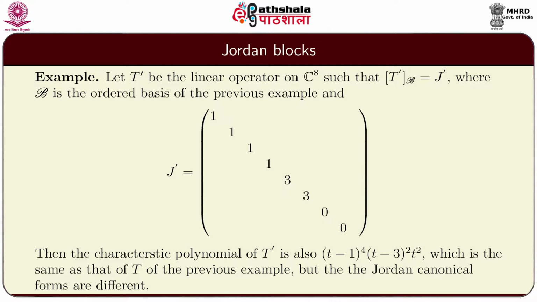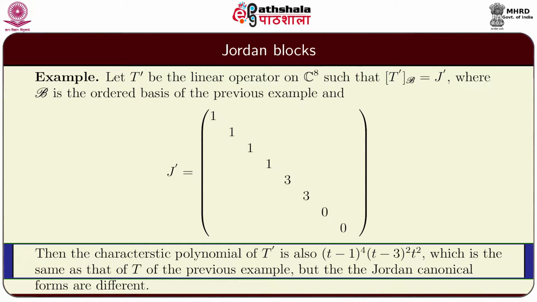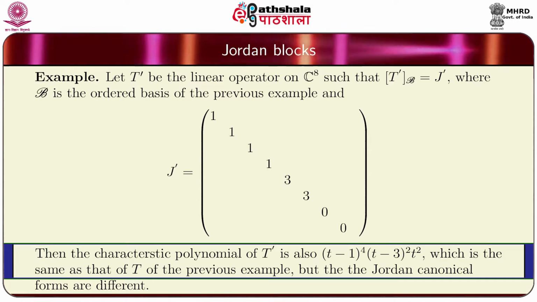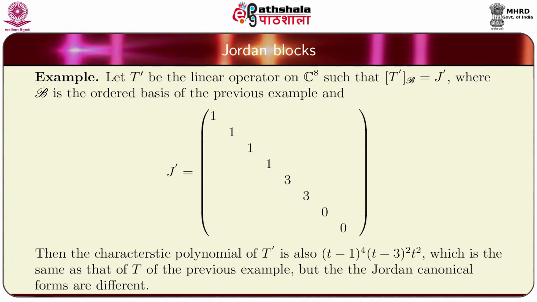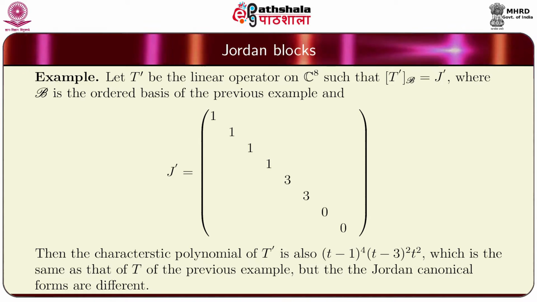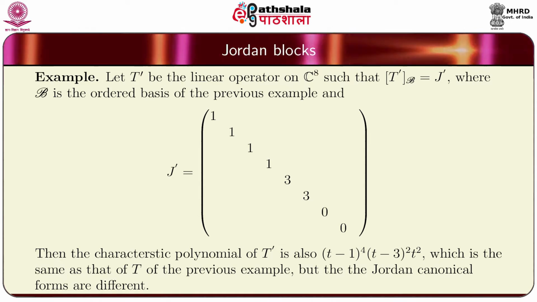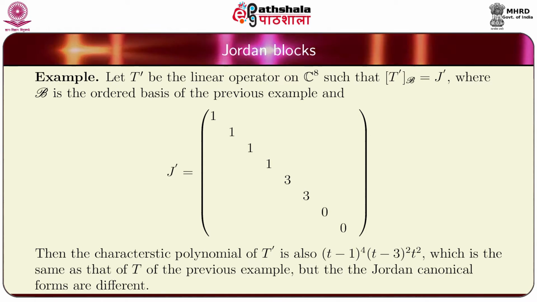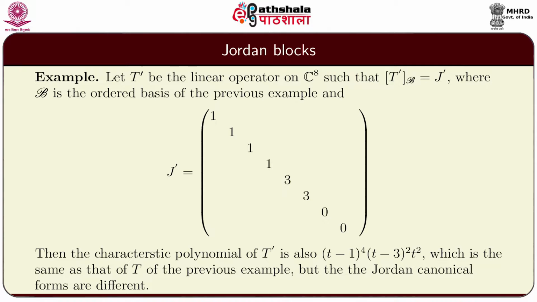So, here the characteristic polynomial of T dash is clearly (t minus 1) raised to 4 into (t minus 3) raised to 2 into t square, which is the same as that of T in the previous example, but you can see that the Jordan canonical forms are different. Therefore, we cannot expect that operators with the same characteristic polynomial would have the same Jordan canonical form.